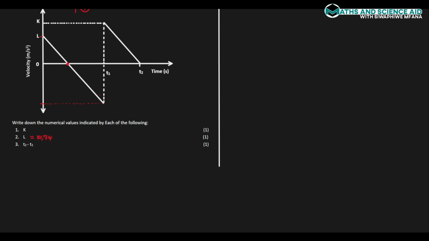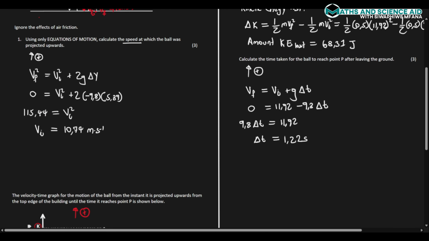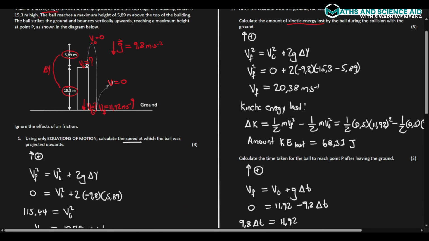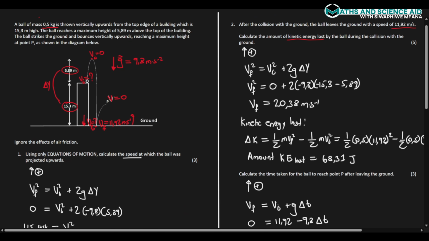And then what happened after that? The ball bounced off the ground. So as it is bouncing off the ground, it's now moving upwards again. So it has a positive velocity again. So K here is that velocity at which the ball bounced off the ground, which we had also worked out in the previous questions.